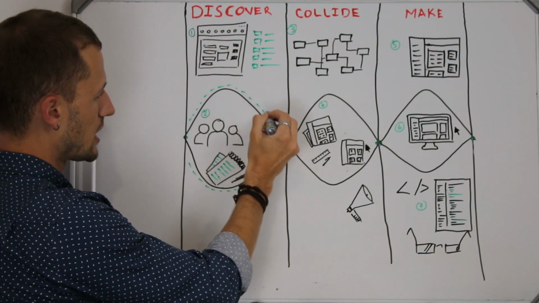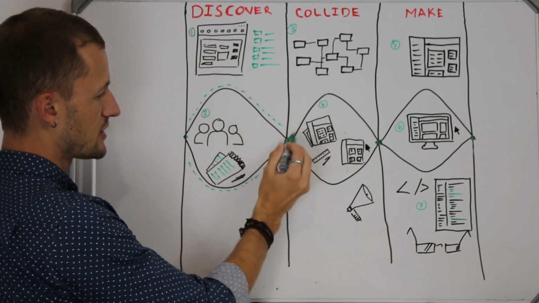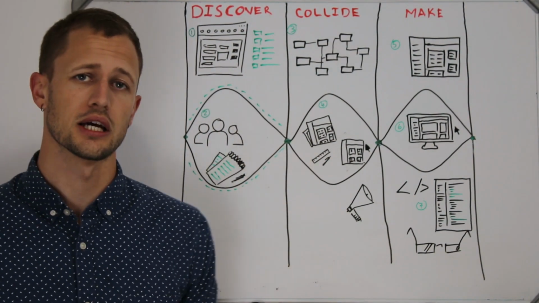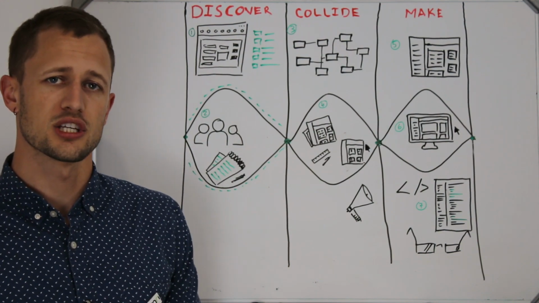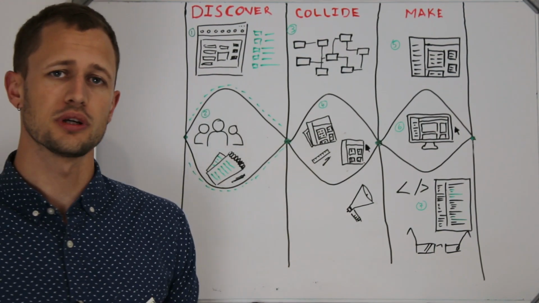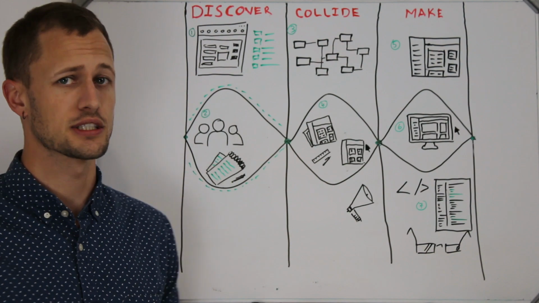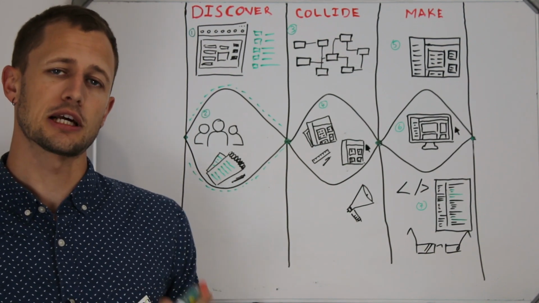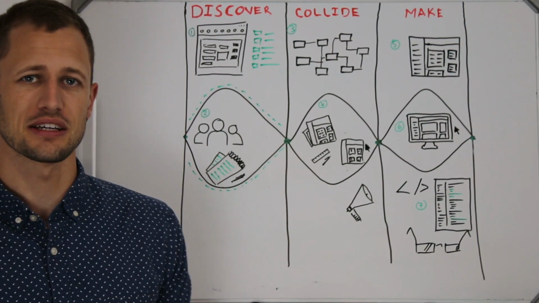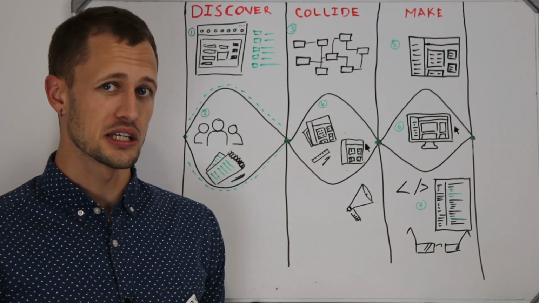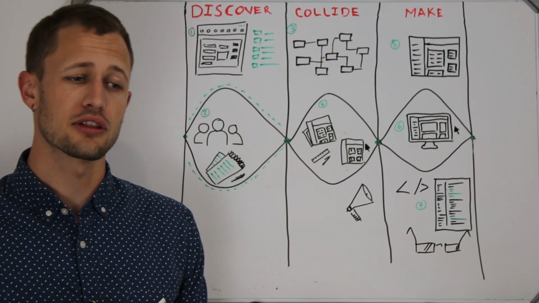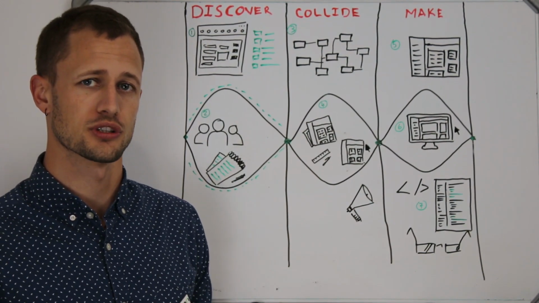It starts to move down towards the second phase in what we do, which I call collide. And I've called it collide because all the information that we've gathered from our interviews and our testing with our users begins to collide into good ideas, bad ideas, average ideas. We try and get through the sea of ideas as fast as possible.